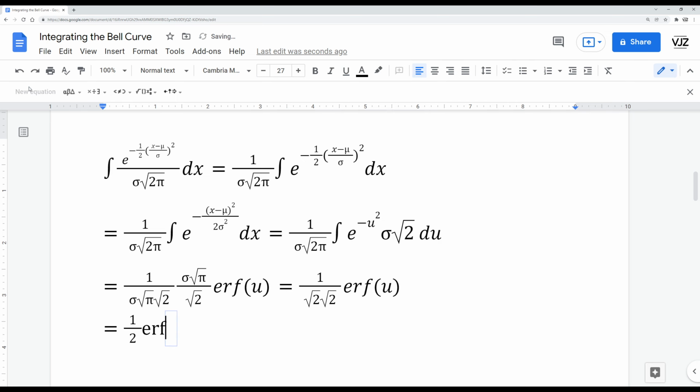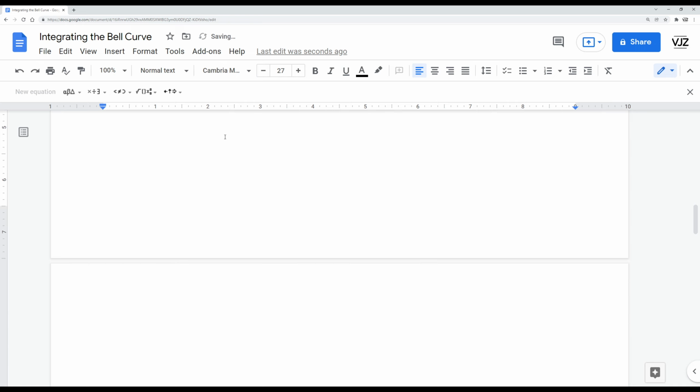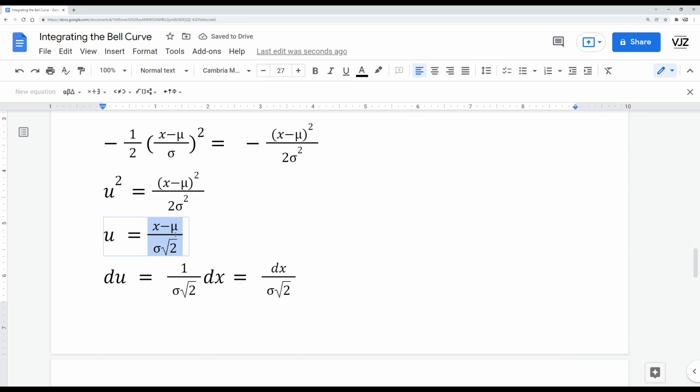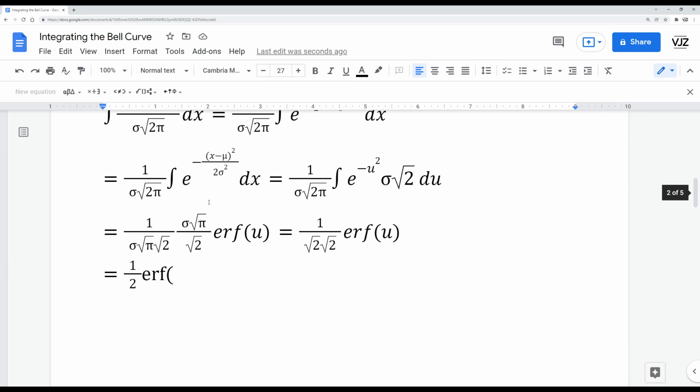Now, what is u here? Well, it is this right here. So let us substitute u back in. And then, obviously, the last part to finish the integral, plus c.